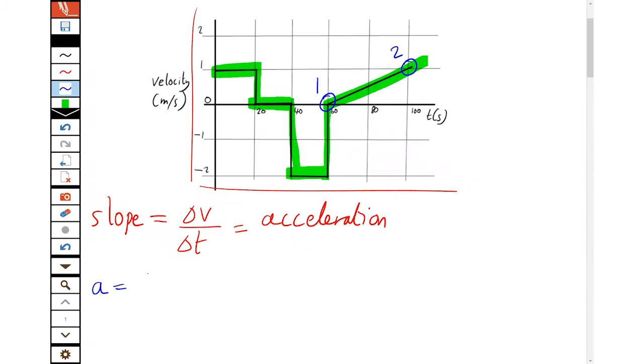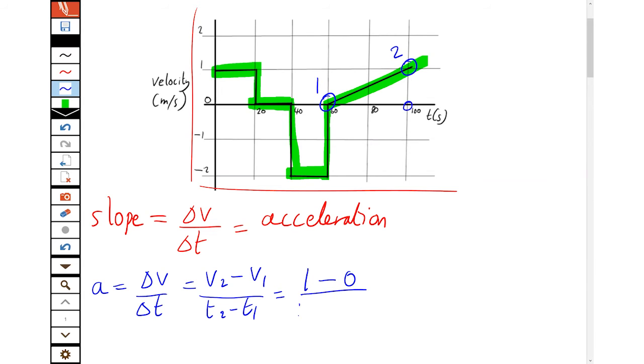The acceleration is the change in velocity over the change in time. New velocity minus the old, new time minus the old. So that's 1 meter per second minus 0 over the new time, 100, the old time, 60. We see that's 1 over 40 meters per second squared. So not a very big acceleration at all there.